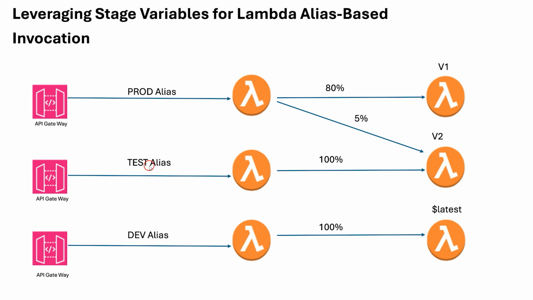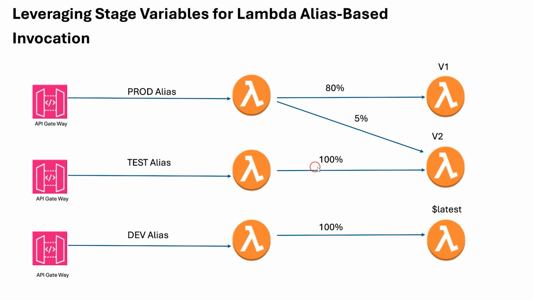And similarly, you will have an API Gateway here for the test alias. If you store this test alias in your stage variable and pass it to the backend Lambda function, this Lambda in turn calls this Lambda function, which is nothing but the same Lambda function, but the version is 2. So this is the newer code which is fixed and they are testing.